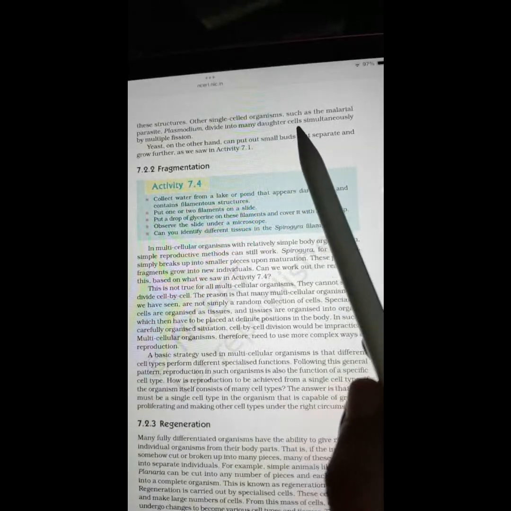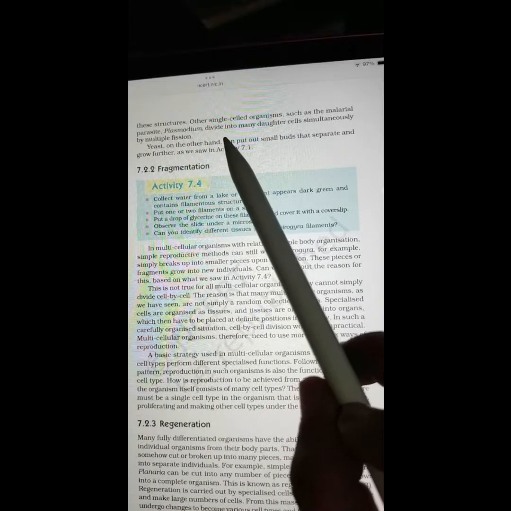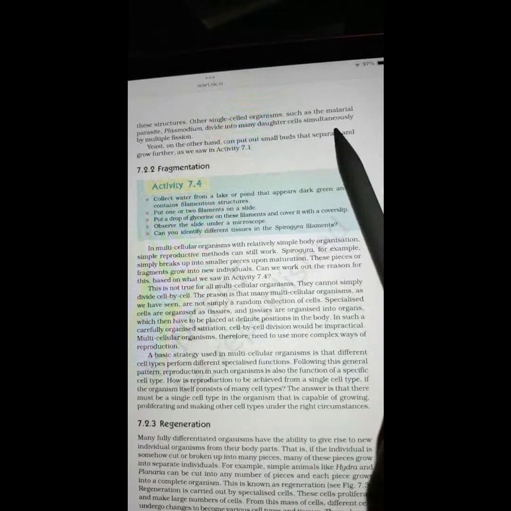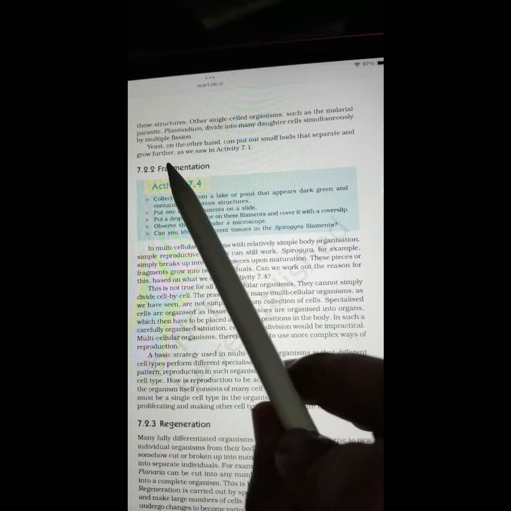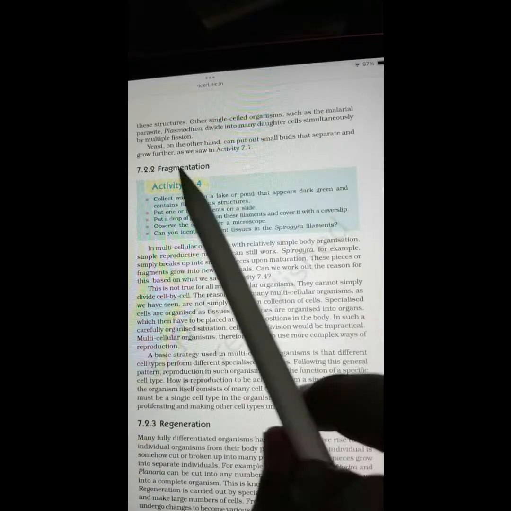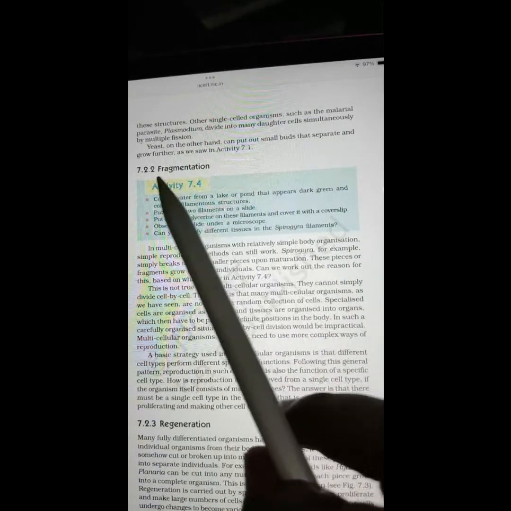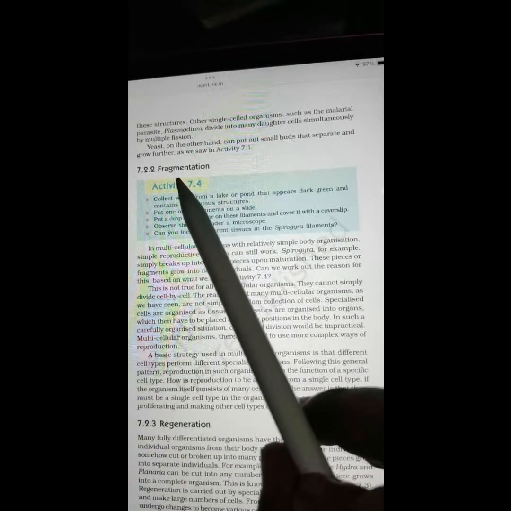Other unicellular organisms, such as the malarial parasite Plasmodium, divide into many daughter cells simultaneously by multiple fission. Yeast, on the other hand, can put out small buds that separate and grow further, as we saw in Activity 7.1. 7.2.2 Fragmentation.